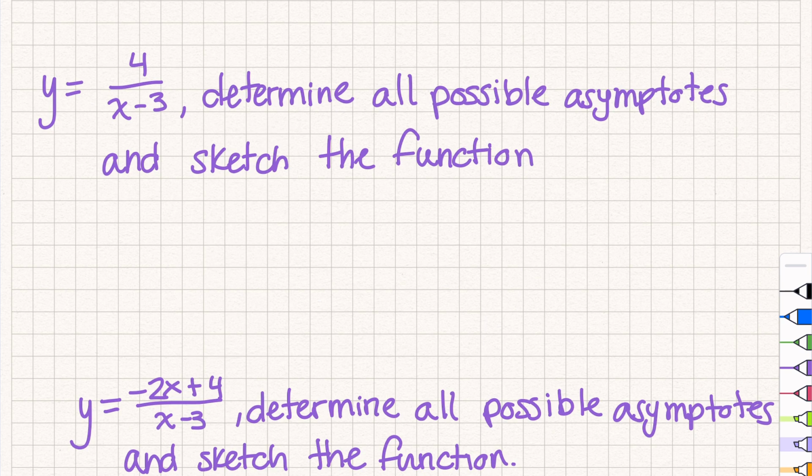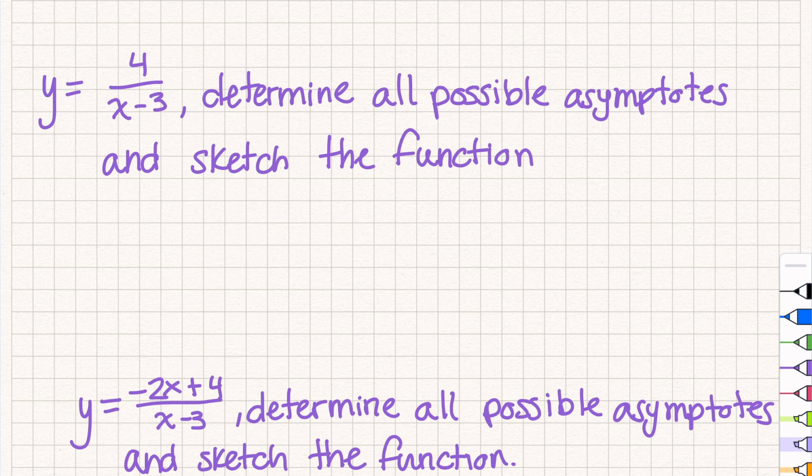So to determine the horizontal asymptote, we're going to look at 4 over x minus 3. Now, when we're looking for horizontal asymptotes, remember y will equal 0 if the degree in the denominator is higher than the degree in the numerator.